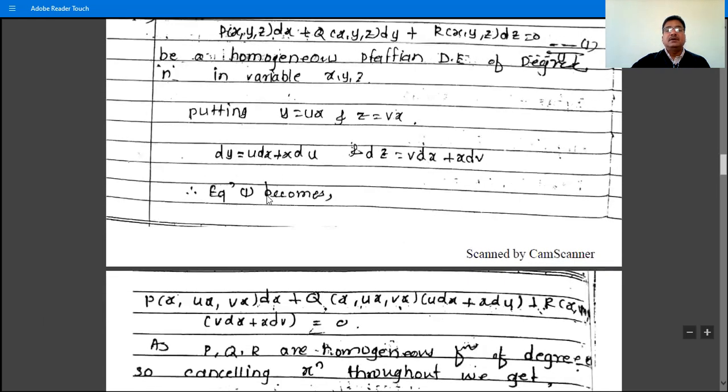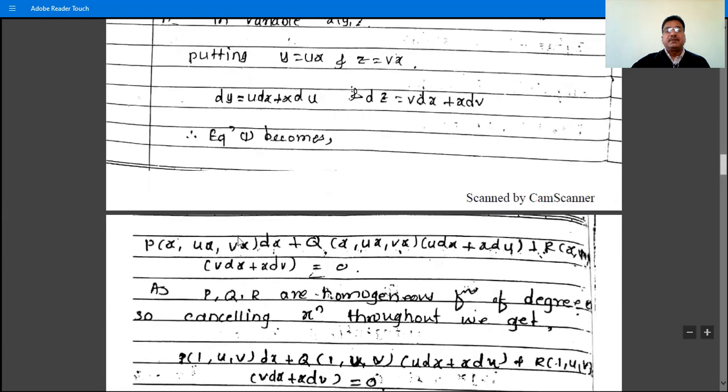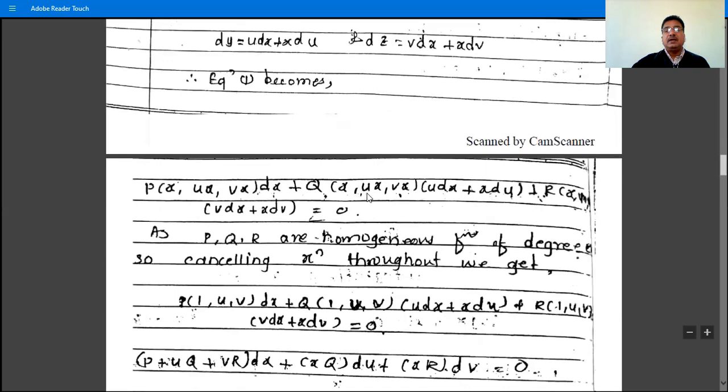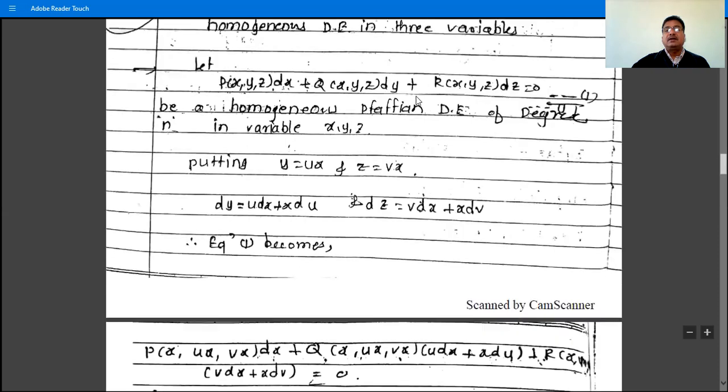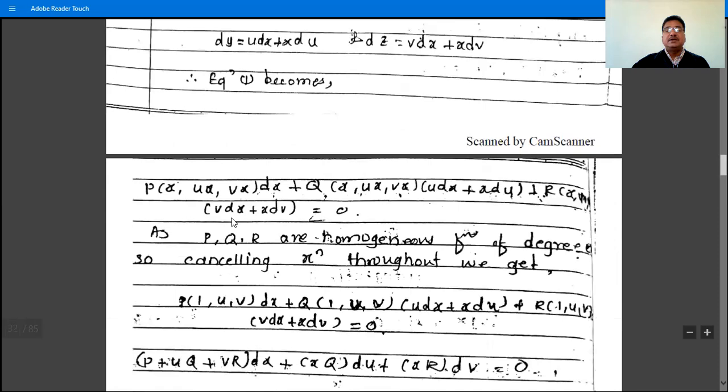And therefore equation 1 becomes, substituting y as ux, z as vx, and the values of dy and dz as these: P(x, ux, vx) dx plus Q(x, ux, vx) times (u dx plus x du) plus R(x, ux, vx) times (v dx plus x dv) is equal to 0.